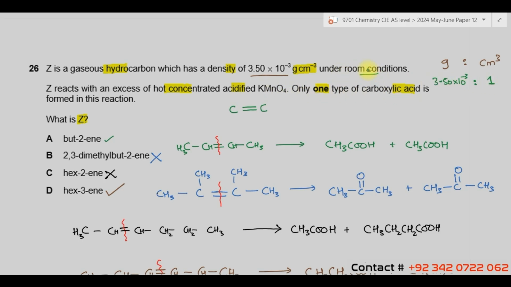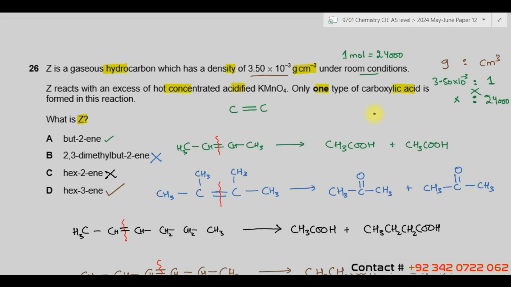Now let's see, we have room conditions. So what are room conditions? In room conditions, 1 mole of any gas occupies a volume of 24,000 centimeter cube. So if we want to find it for 1 mole, we'll have to use this much volume. So let's find mass in grams for 24,000 centimeter cube. We can cross multiply.